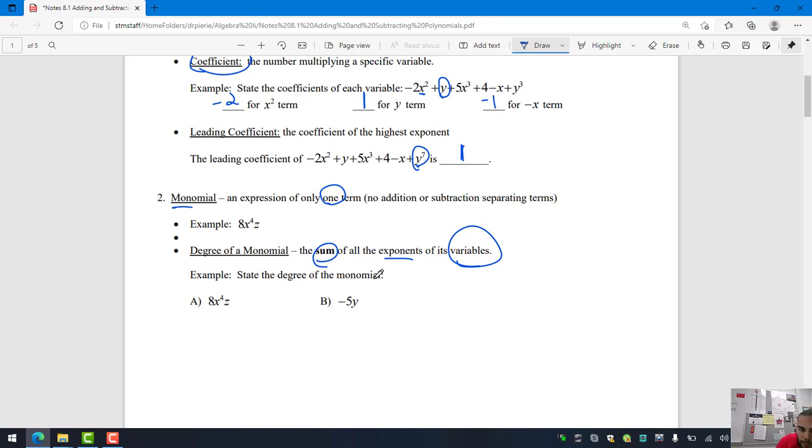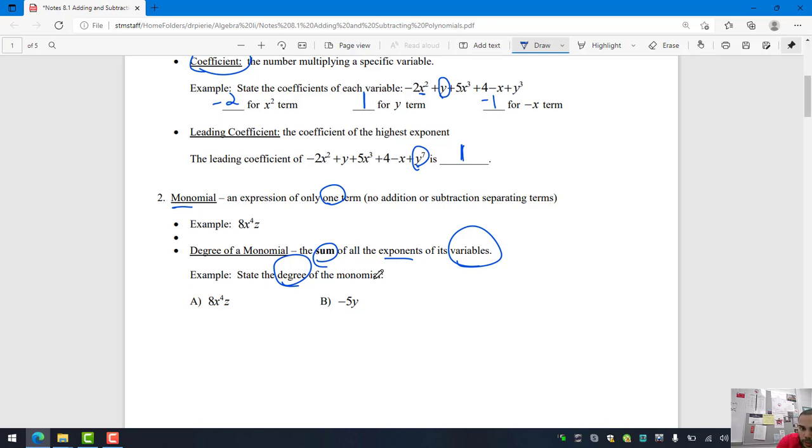For example A, I have 8x⁴ times z, and it's asking for the degree of this monomial. So what we have to do is if we have multiple variables, we have to add all of the exponents together. Okay, the first thing I see here is an 8. That's just a number, so I don't really have to do anything with it.